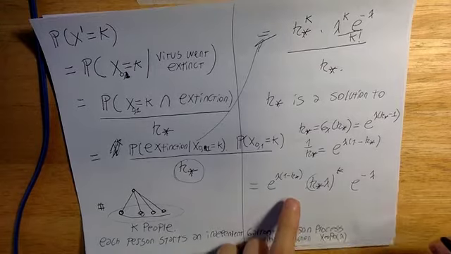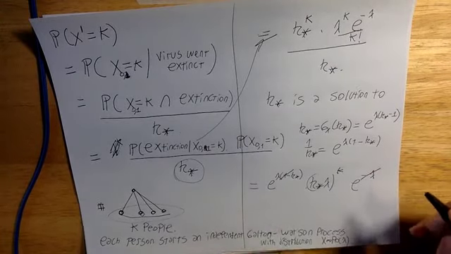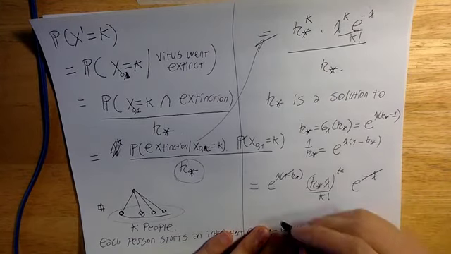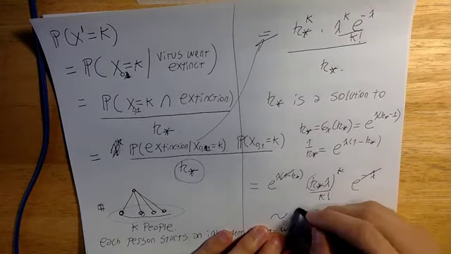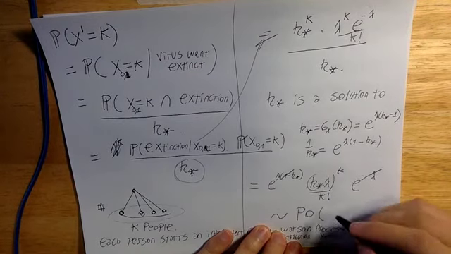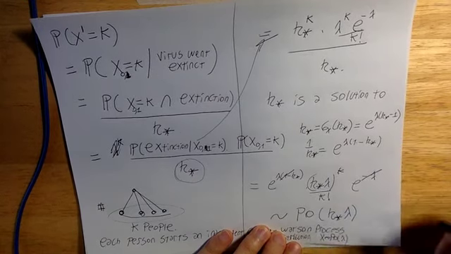If we cancel this with the k factorial thing, this is distributed as a Poisson random variable with parameter eta star times lambda.